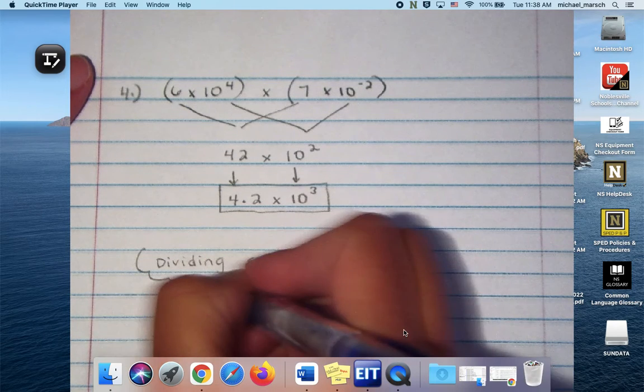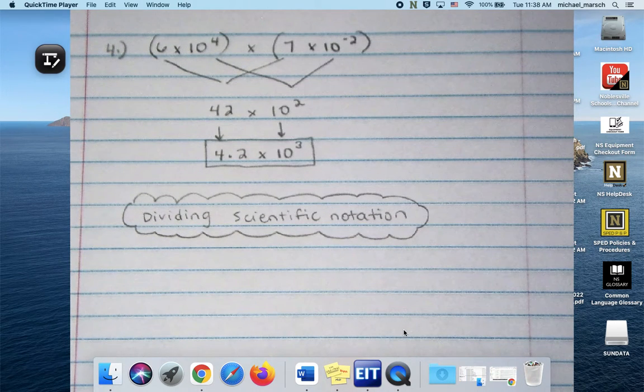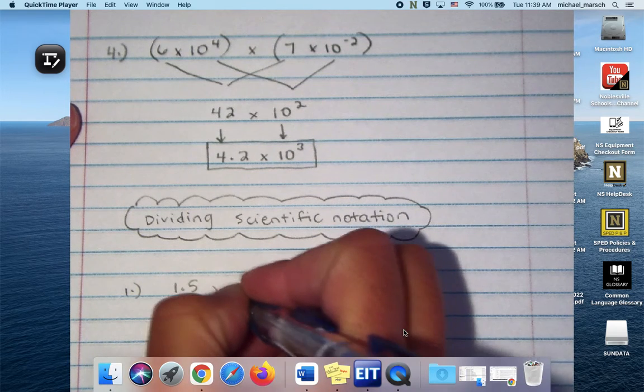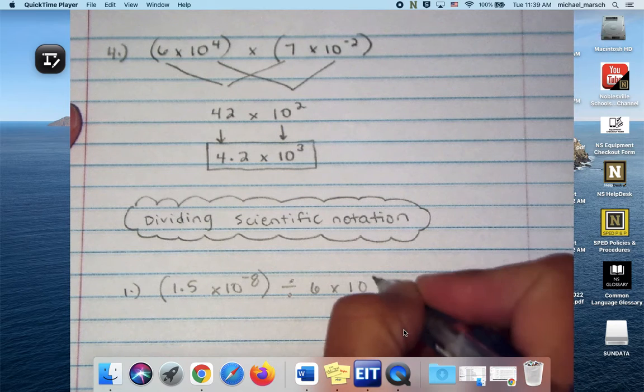Now we're going to move on to dividing scientific notation. Okay, so I'll write out a division problem here. 1.5 times 10 to the negative 8 divided by 6 times 10 to the 7th power.